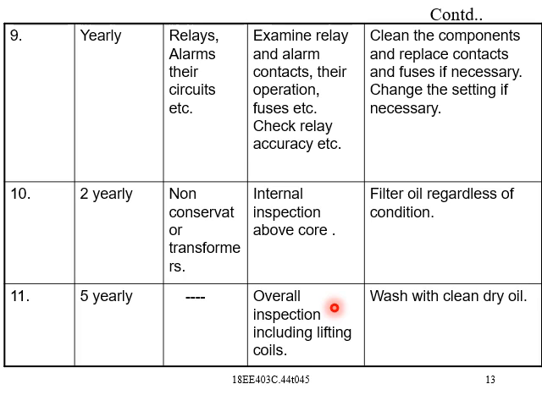The action to be taken is to wash with clean, dry oil.